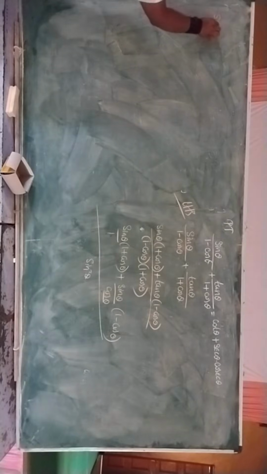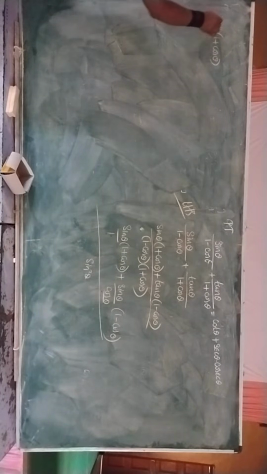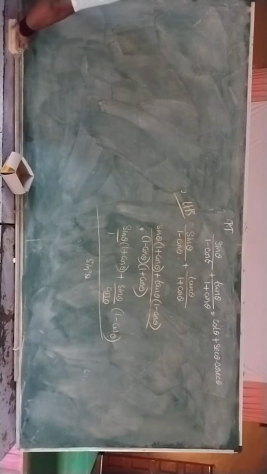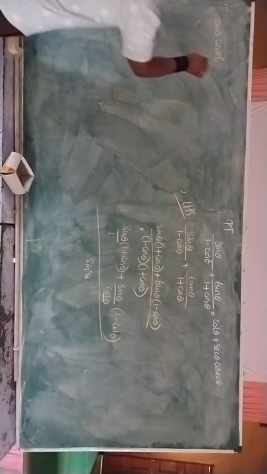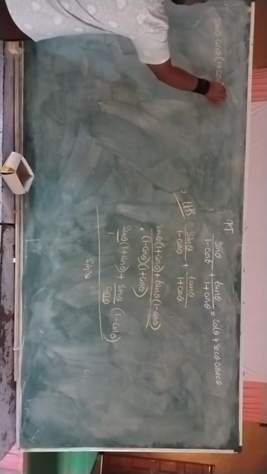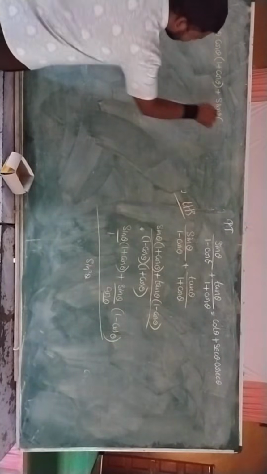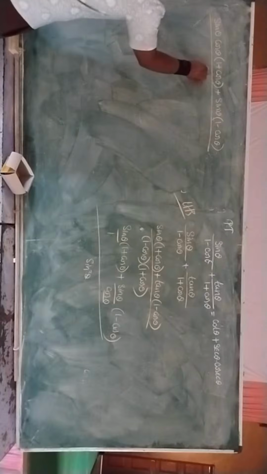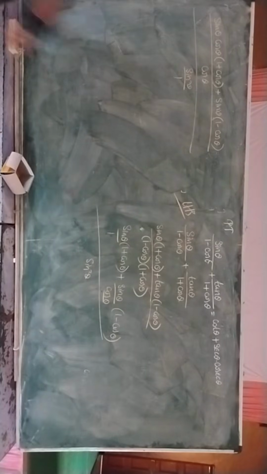Sin theta into bracket 1 plus cos theta, multiplied with cos theta, so it becomes sin theta into cos theta into bracket 1 plus cos theta plus sin theta into bracket 1 minus cos theta, whole divided by cos theta, divided by sin square theta over 1.